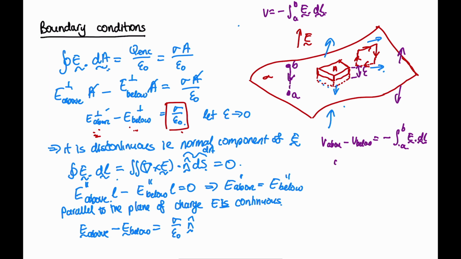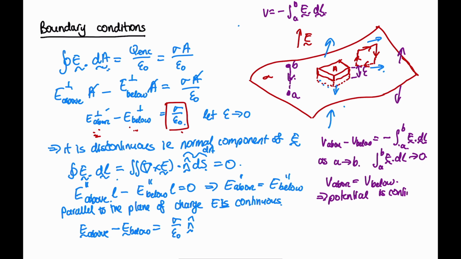And we know that as A goes to B, i.e. as these two get really close, so our path length goes to 0, then this integral has to go to 0 as well. So that tells us that V above is equal to V below, which tells us that the potential is continuous.